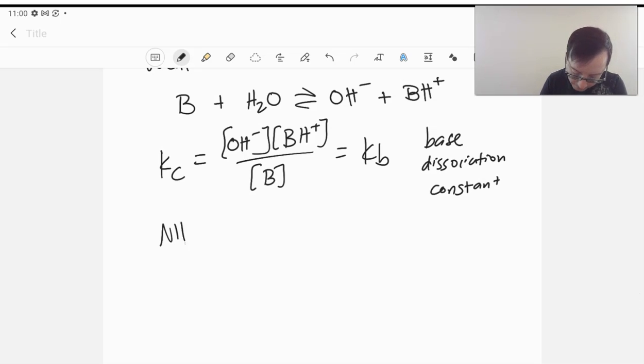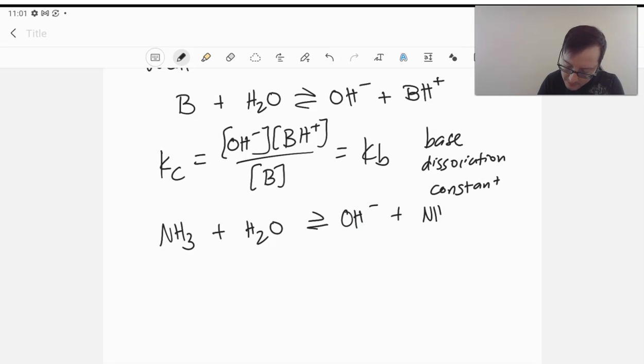Pretty common one. So ammonia plus water turns into hydroxide plus the ammonium ion. So B plus H2O, hydroxide, BH+. So B is NH3, BH+ therefore is NH4+.